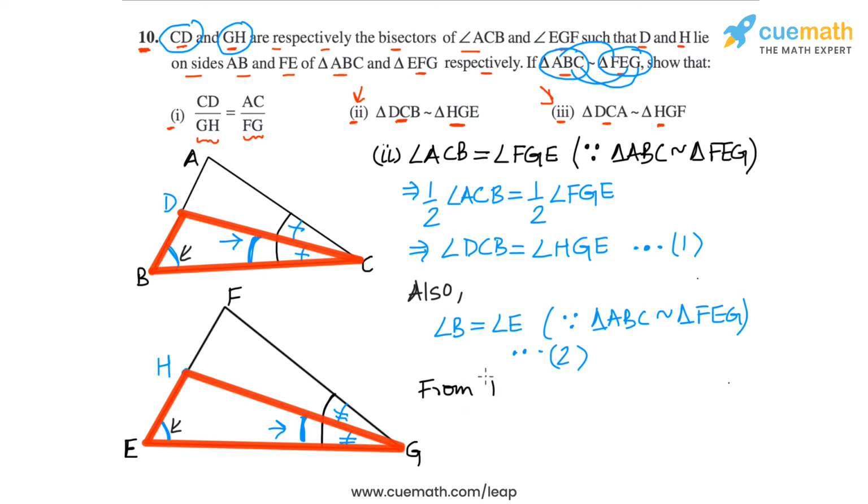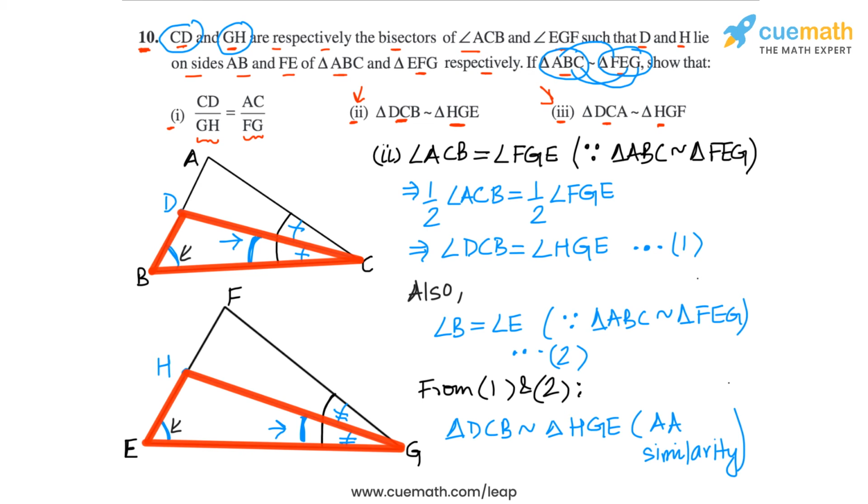So triangle DCB will be similar to triangle HGE, and this is because of the AA similarity criterion. Okay, so this proves part 2 that DCB and HGE are similar.